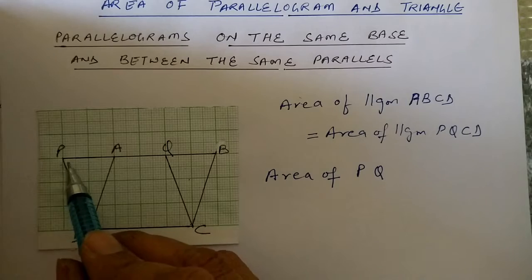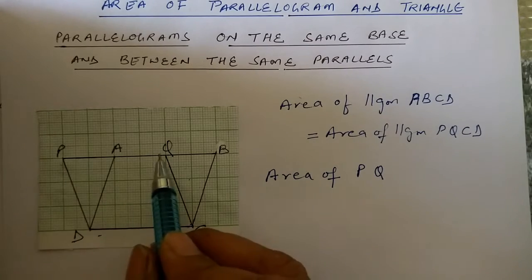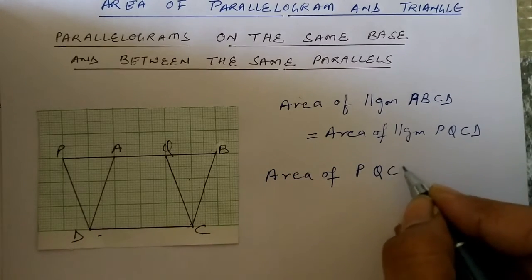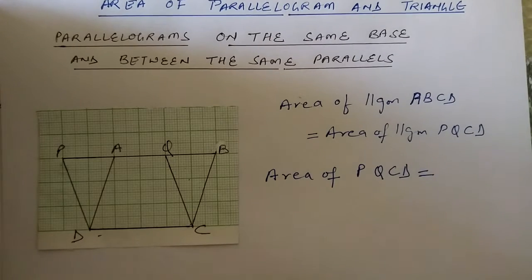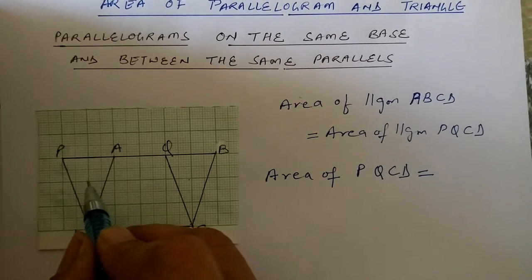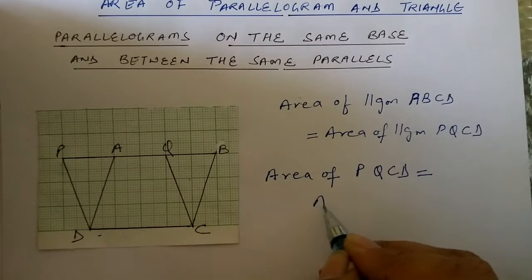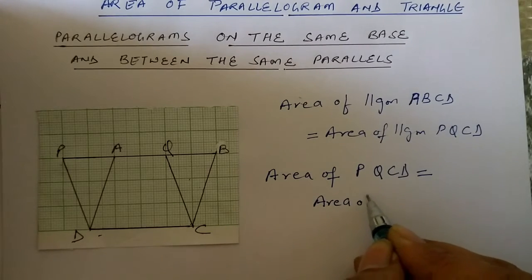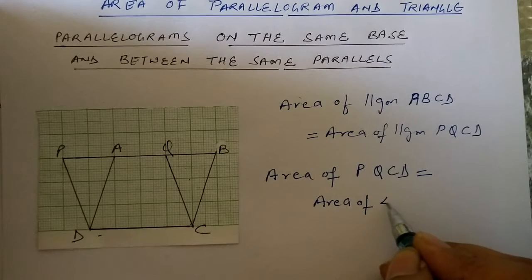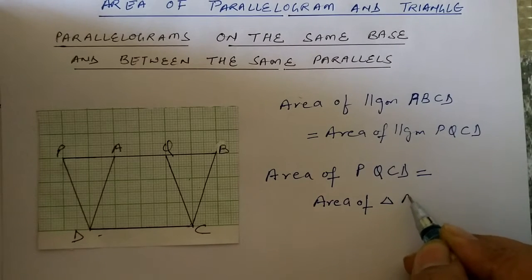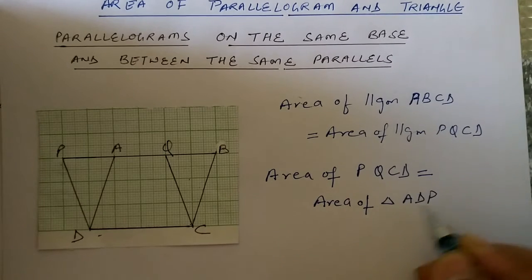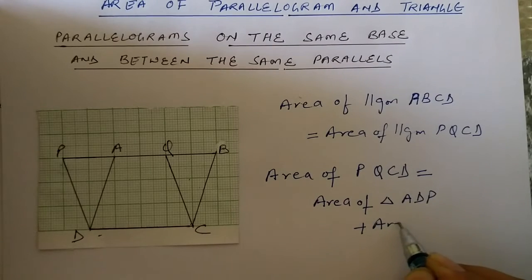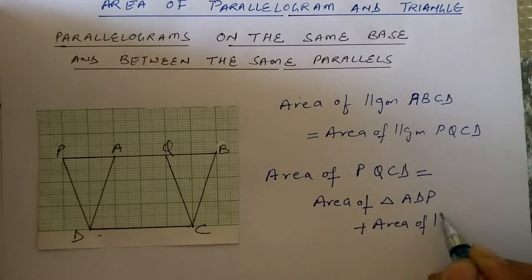Now we'll start from the area of parallelogram PQCD. This is equal to area of triangle ADP plus area of quadrilateral AQCB.